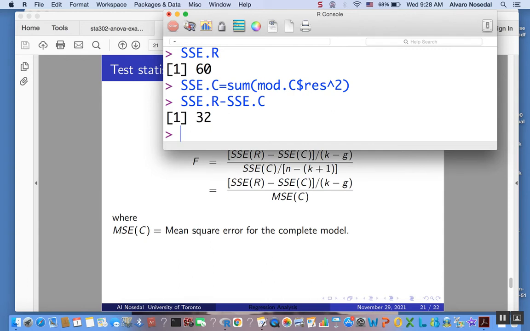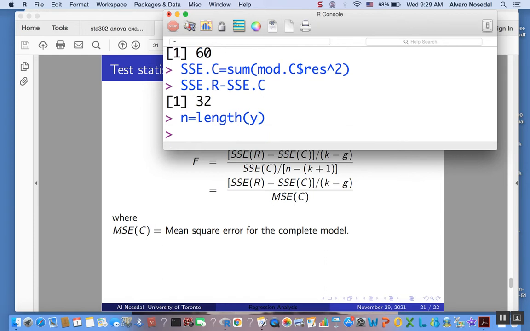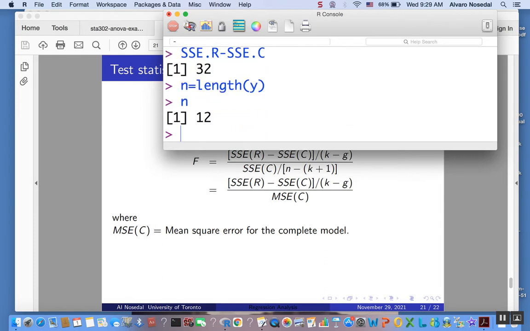And then n is going to be the number of observations. It must be 12. Good.